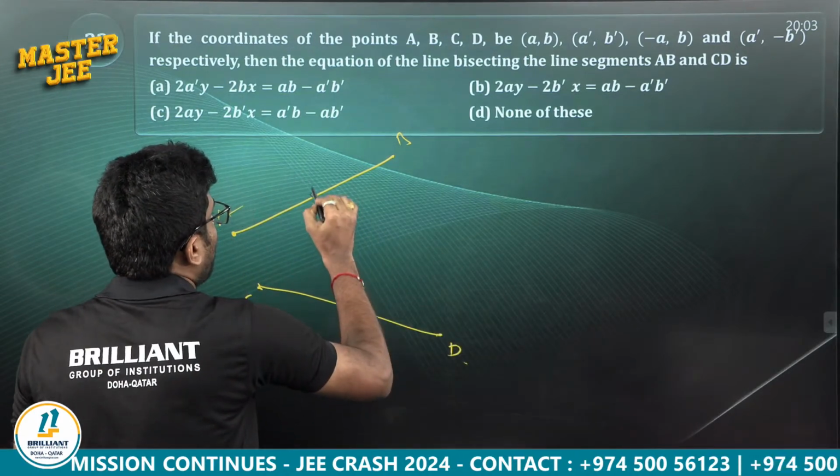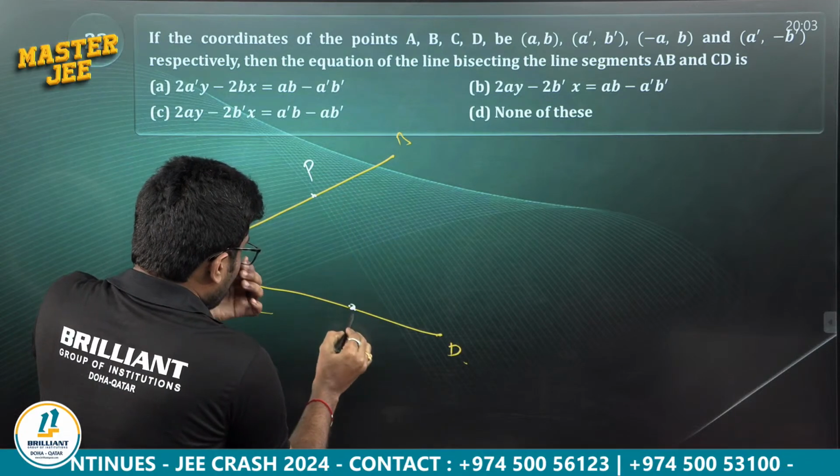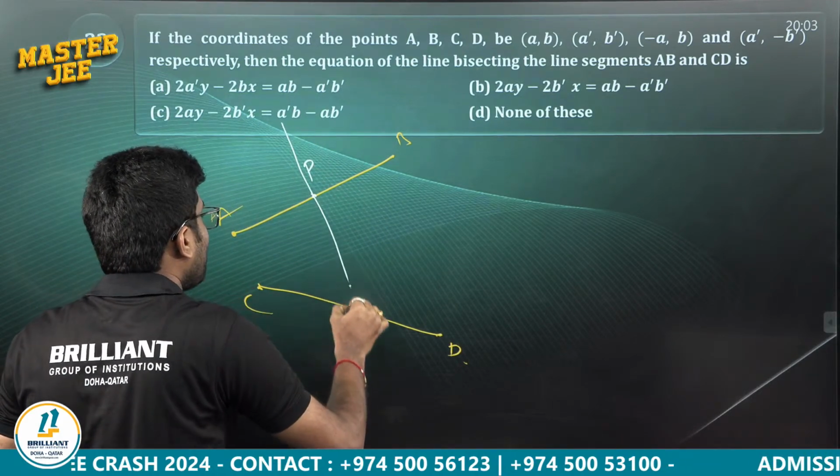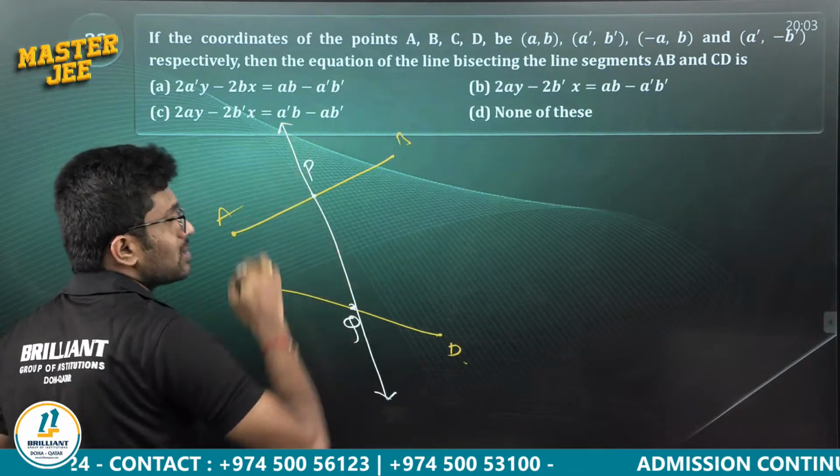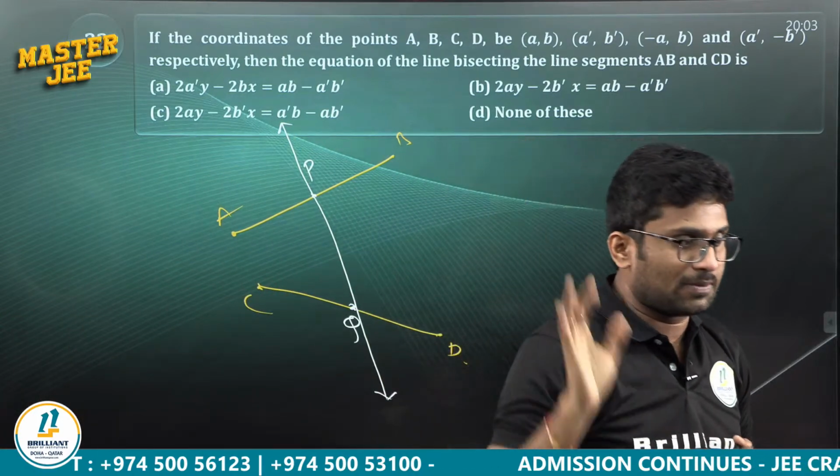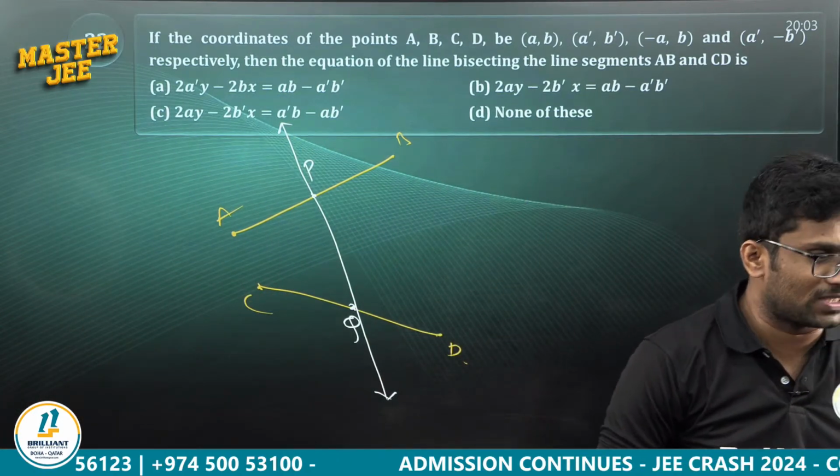Suppose P is the midpoint of AB and Q is the midpoint of CD, then our line will be passing through these two points P and Q. This is the simple concept.